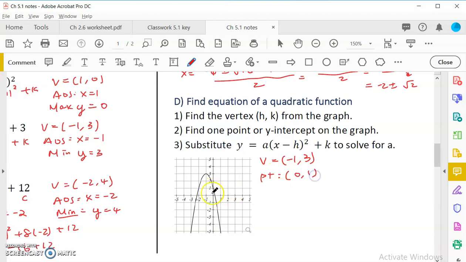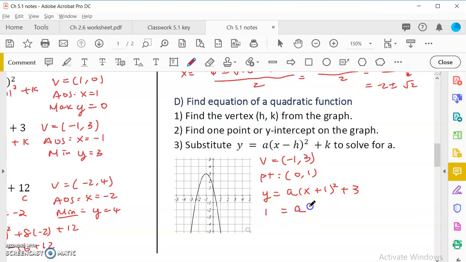It is actually the y-intercept. If you have the vertex and 1 point, you can solve it. So my formula is y equal to a times (x minus -1, which is x plus 1) squared plus k, plus 3. And then I plug in 0, 1 into it to solve for a.